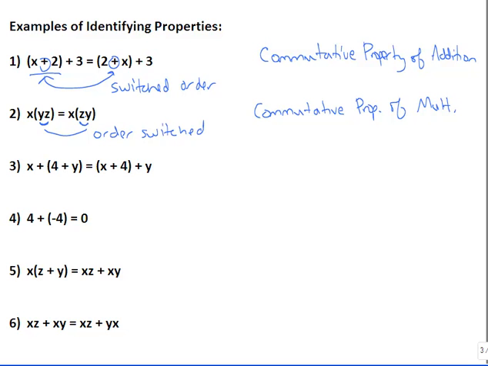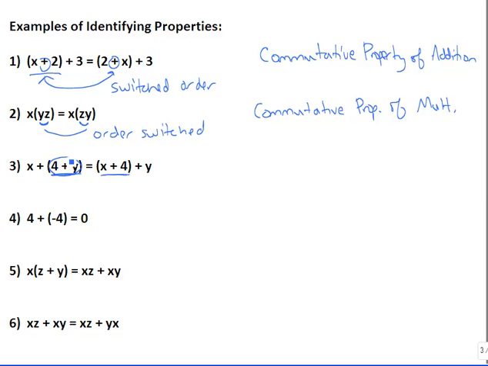Okay? On example number 3, we have x plus 4 plus y in parentheses equals x plus 4 in parentheses plus y. So this one is another example with parentheses. On the left side, the 4 and the y are in parentheses. And on the right side, the x and the 4 are in parentheses.